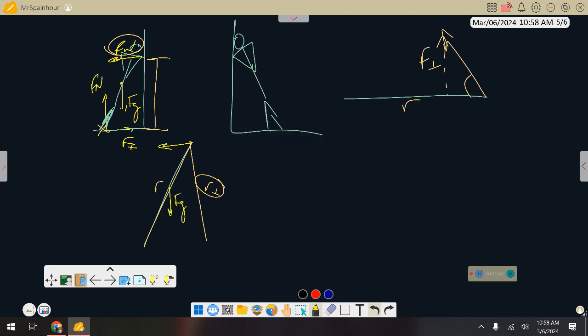Yes, the lever arm would be this right here. Why not this one? That's parallel, right.